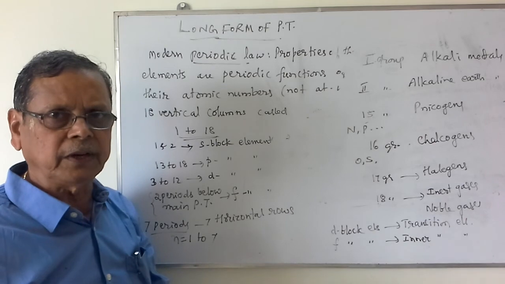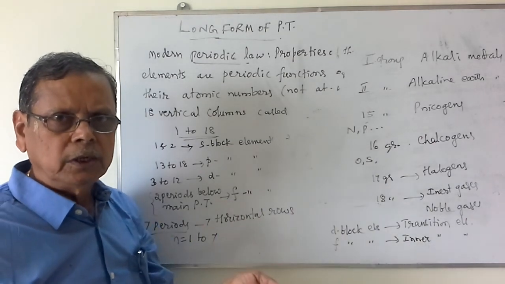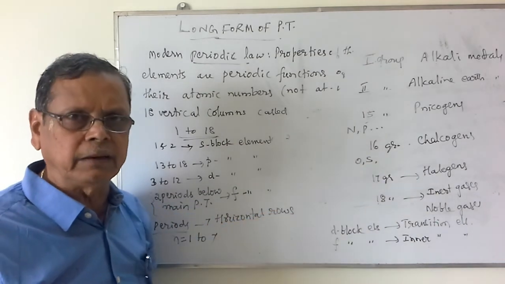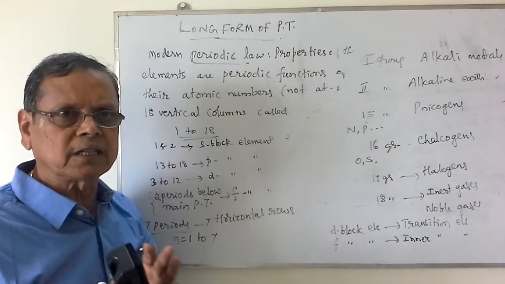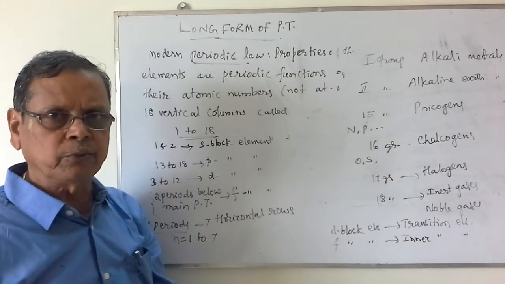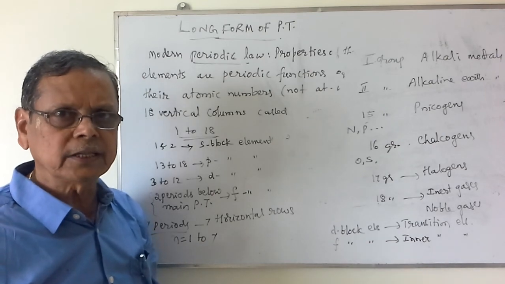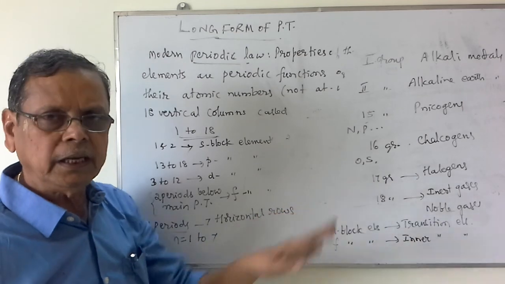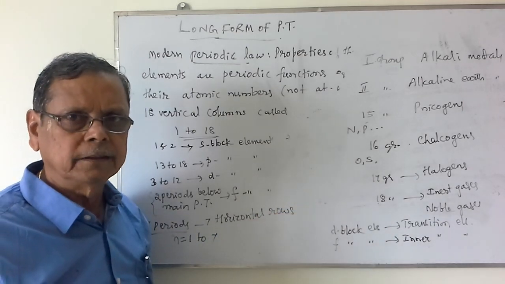Along with this classification, we will go to the next trends in the various physical and chemical properties, especially physical properties like atomic radius, ionic radius, ionization energy, etc. That we will take up in the next video. Thank you.